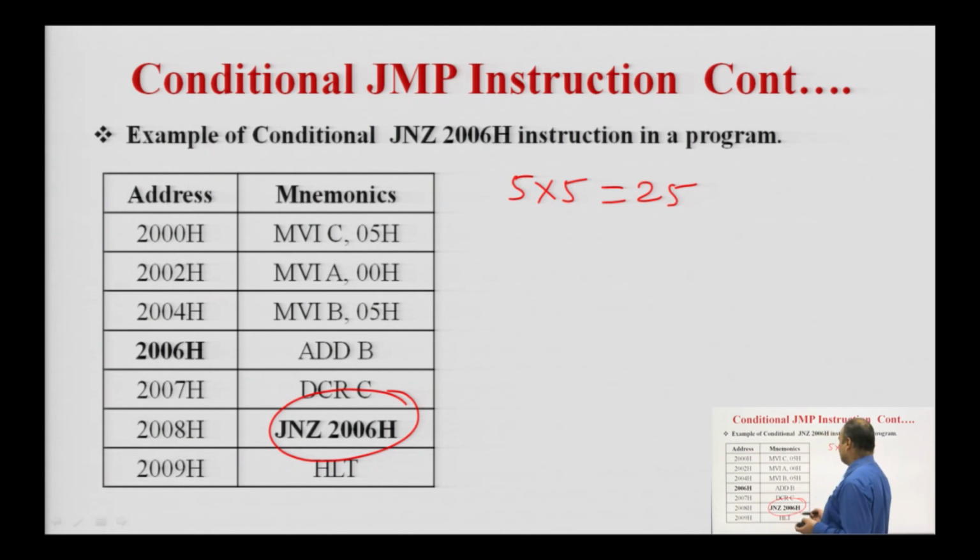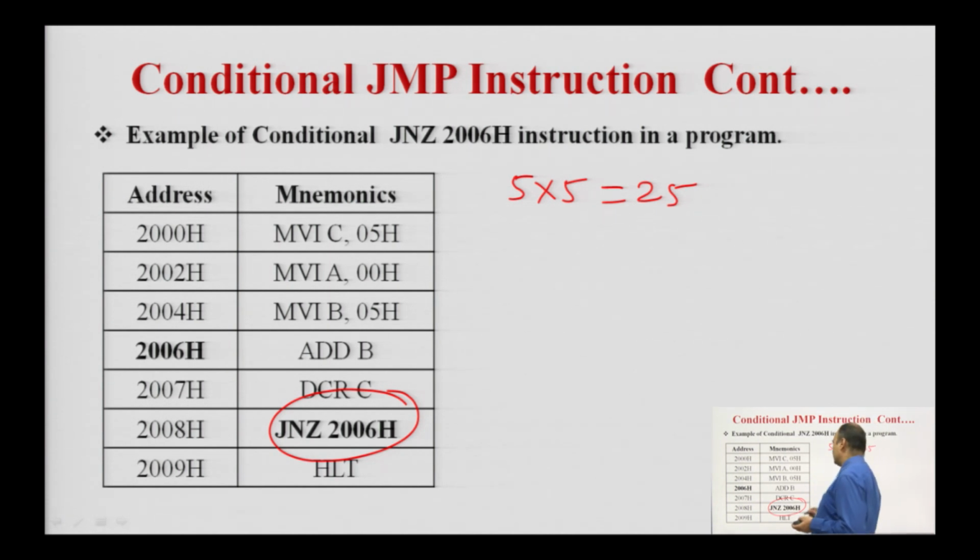In this program, the first instruction is present in the memory location having address 2000 H. The next instructions are present at 2002, 2004, 2006, 2007, 2008, 2009. These are the addresses of the memory locations where the operation codes or instructions are present sequentially. The processor will execute these instructions one by one in a proper sequence.